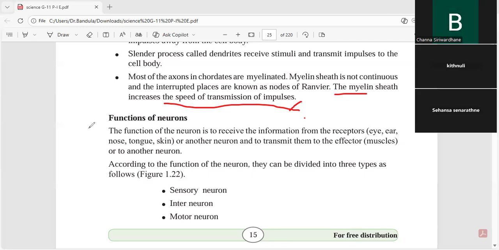Now, what is the function? Now you know the structural and functional unit of the nerve tissue is the neuron or the nerve cell. Nerve cell is known as neuron. Right? Then, our brain.